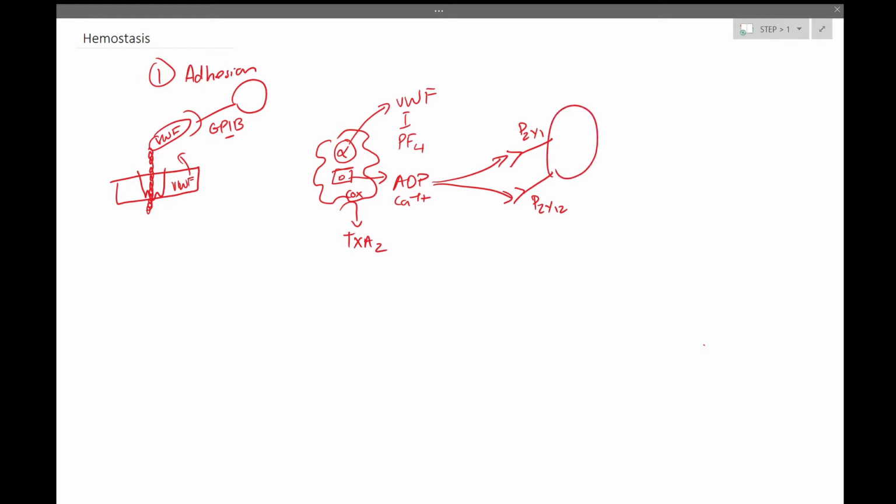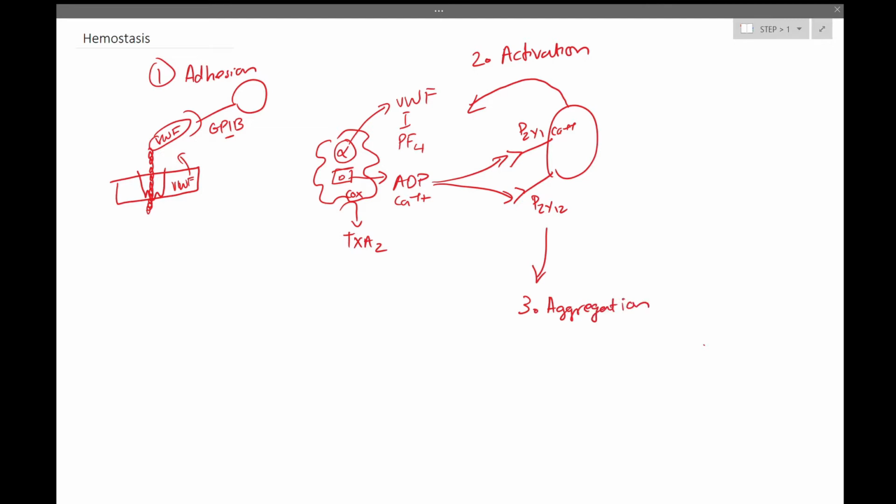Again, this is another naive platelet, that's why it's round in shape. When the P2Y1 receptor is bound by ADP, this causes calcium to come into this platelet, which is what actually causes this second step of activation. When the ADP binds P2Y12, this takes us to our third and final step of aggregation.